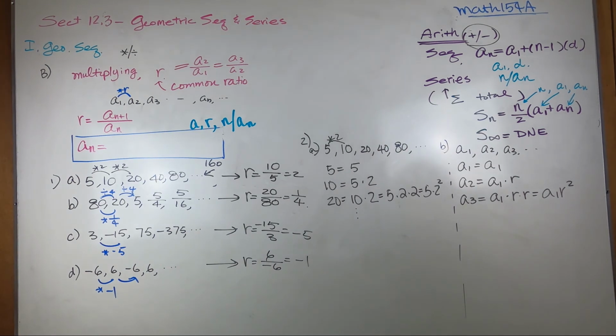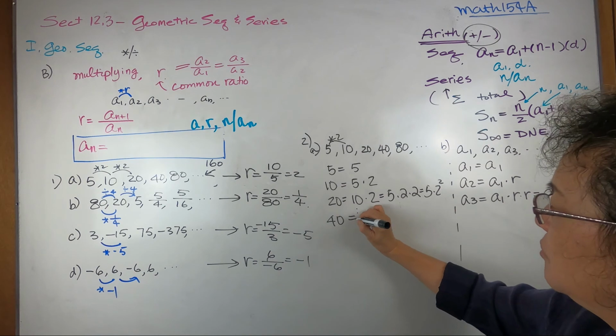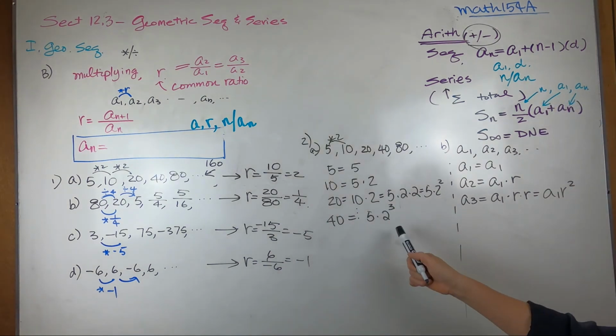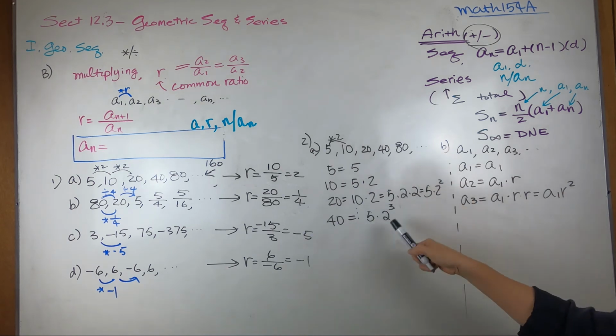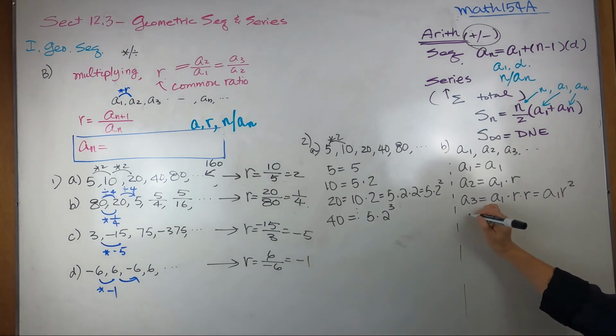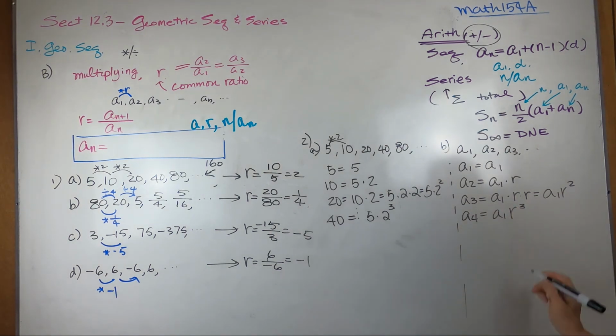So then the next term, 40, will be 5 times 2 to the third, right? 5 times 2 squared times another 2 will be 5 times 2 cubed. Same thing, A4 is A1 R to the third power.